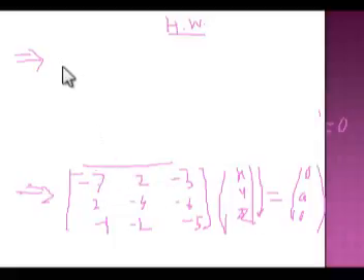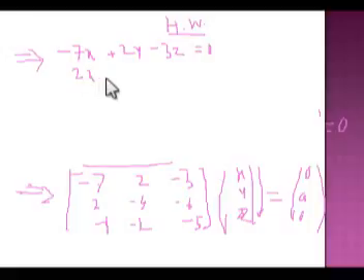So here we will get 3 equations: minus 7x plus 2y minus 3z is equal to 0. 2x minus 4y minus 6z is equal to 0. And minus x minus 2y minus 5z.